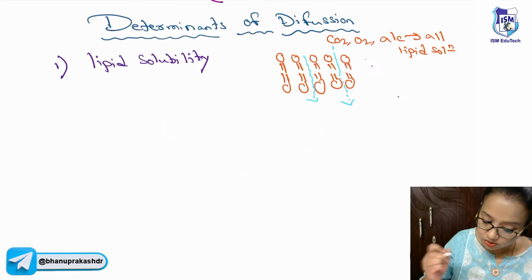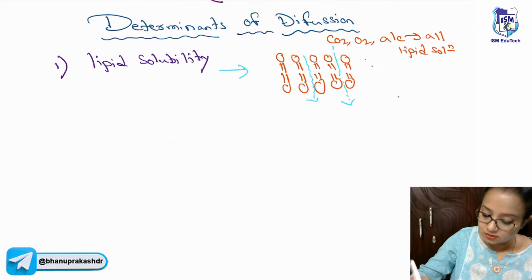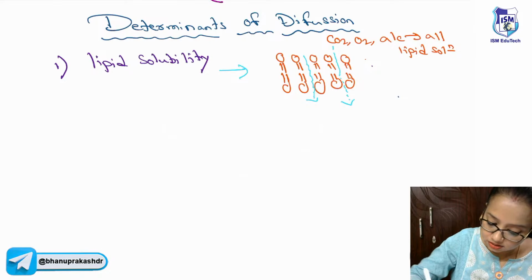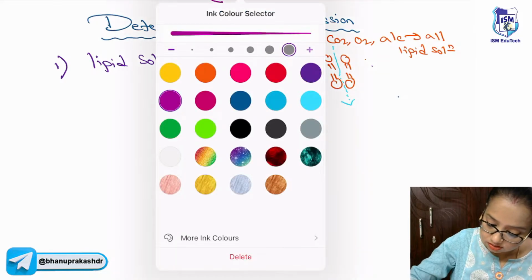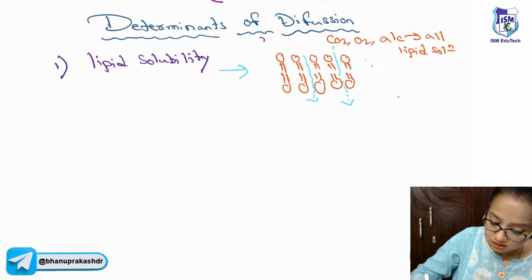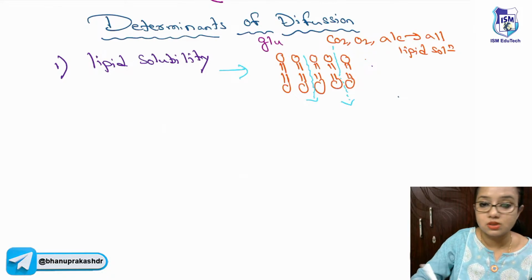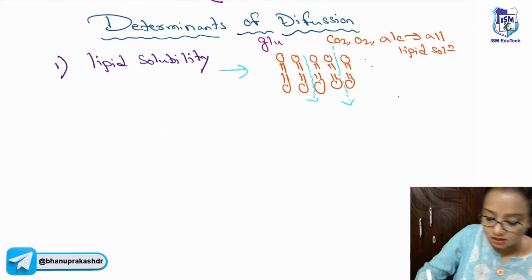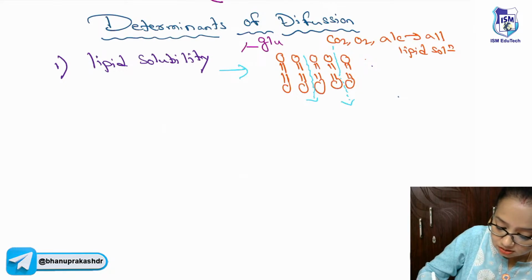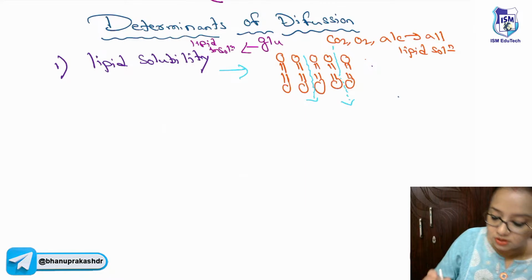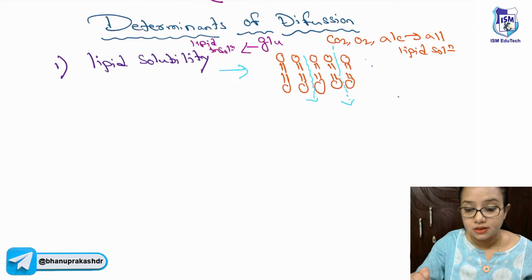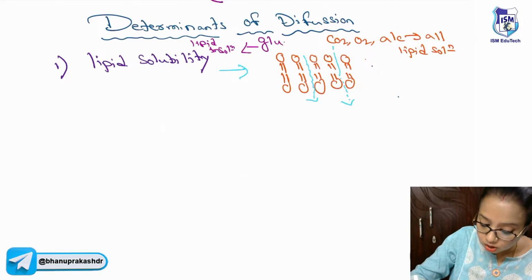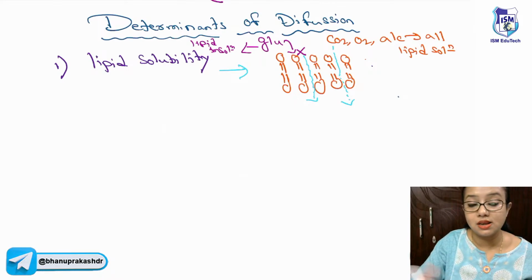Whereas substances like glucose are bigger in size, and they are lipid insoluble. They don't dissolve in lipid. So they cannot diffuse through the cell membrane.